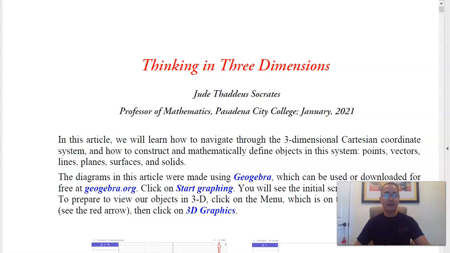Because after we finish with this handout, we will be looking at what are called double integrals. And for this, we will need to understand functions of 2 variables. So we will continue with spheres, which will be found at the bottom of page 24 of Thinking in 3 Dimensions. So I will see you there.